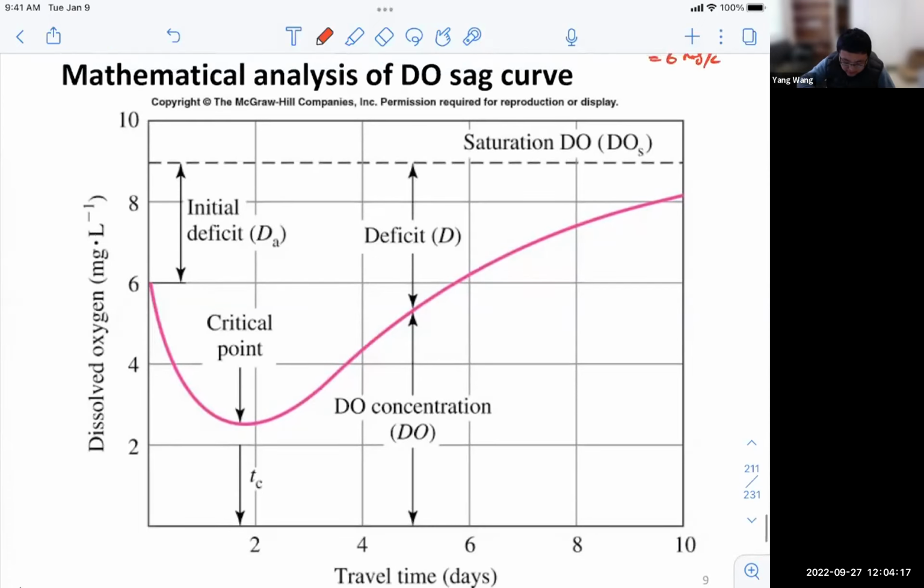So this is the mathematical curve, and then we need to find the analytical solution for this problem. Now, if we try to build up a differential equation for this oxygen deficit, let's say we build up dD/dt. The change of the deficit, as we said, is dependent on two terms: you have the deoxygenation, and then you have the reaeration.